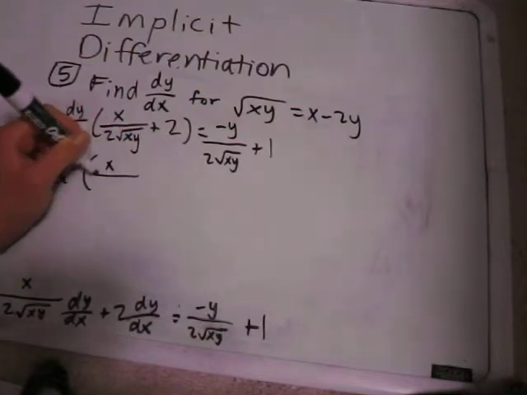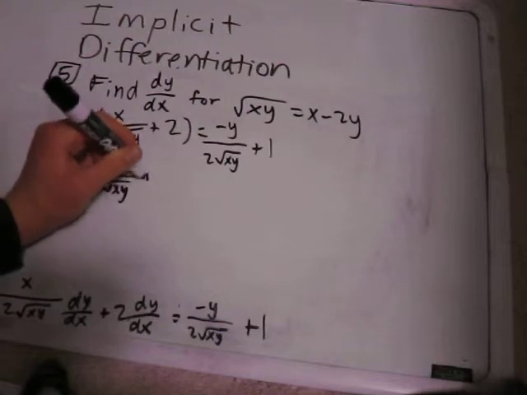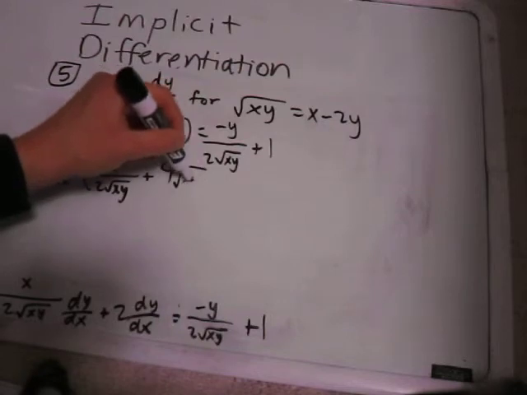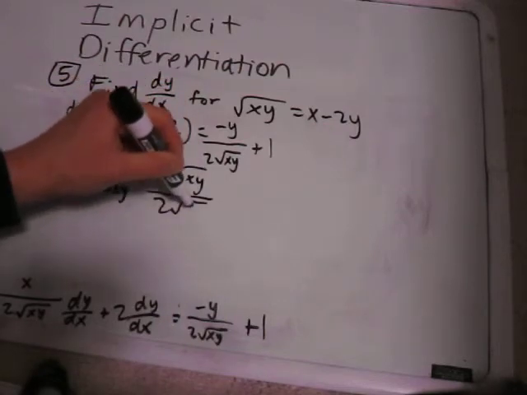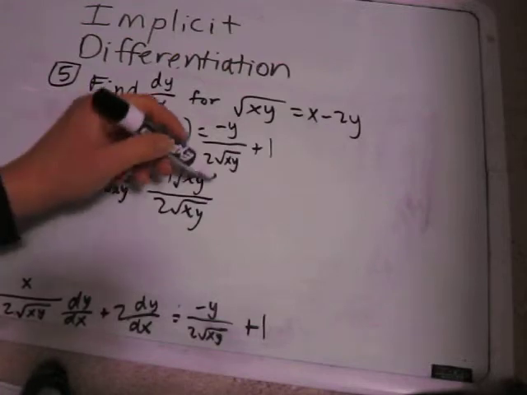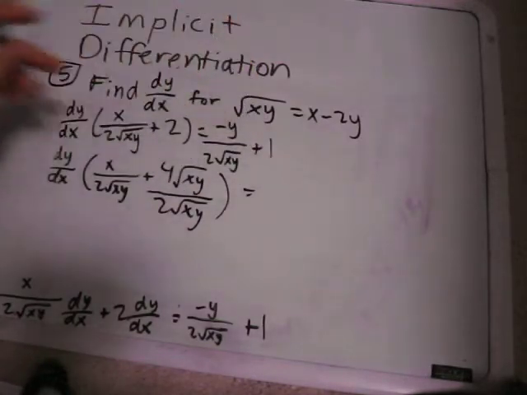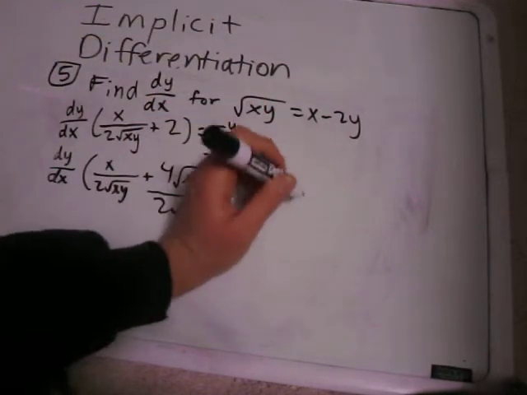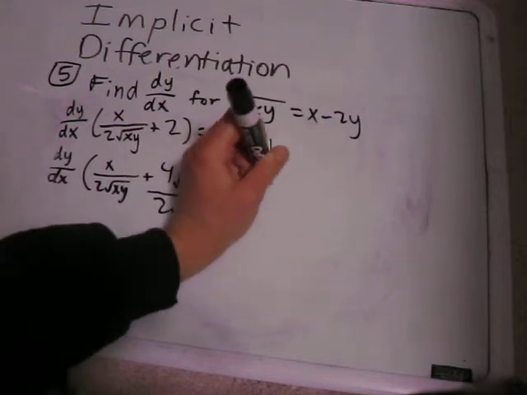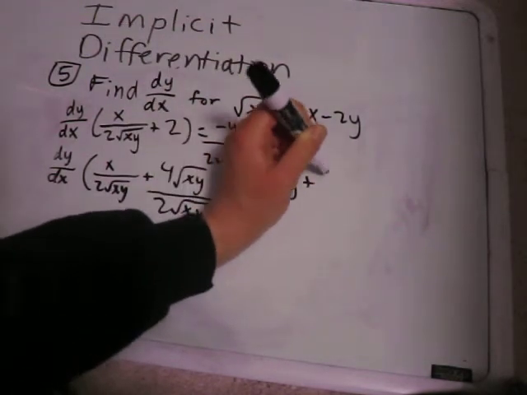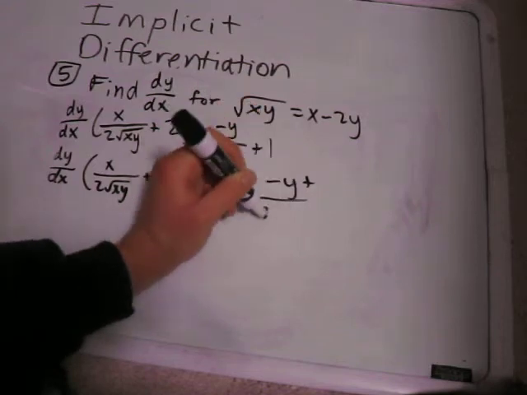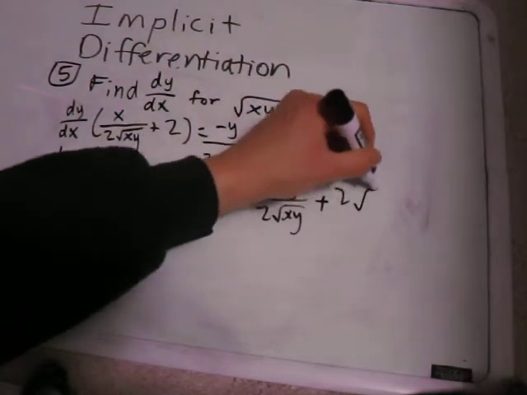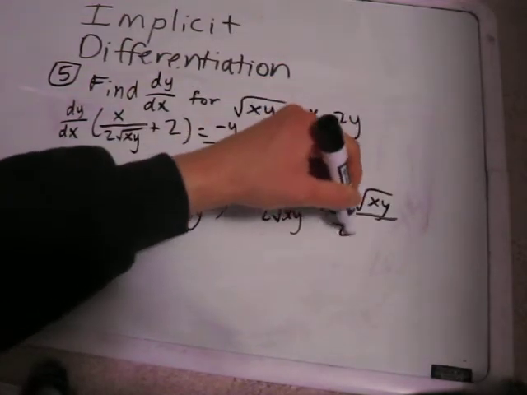So we're going to have x over 2 rad xy plus 4 rad xy over 2 rad xy. And then same thing over here, negative y plus 2 rad xy over 2 rad xy.